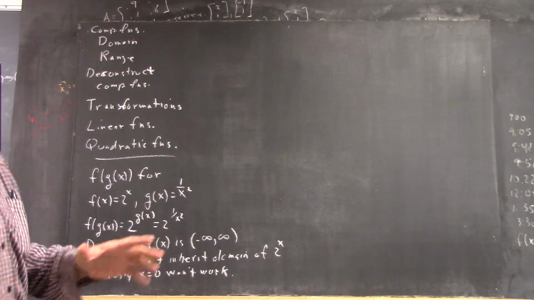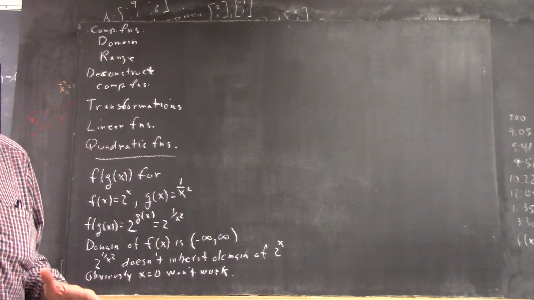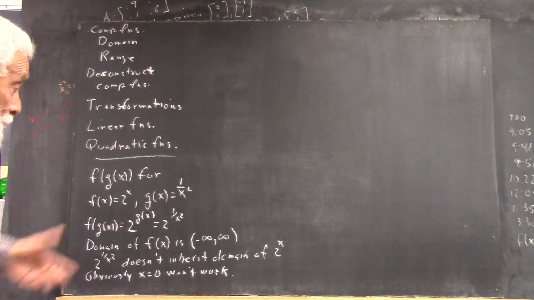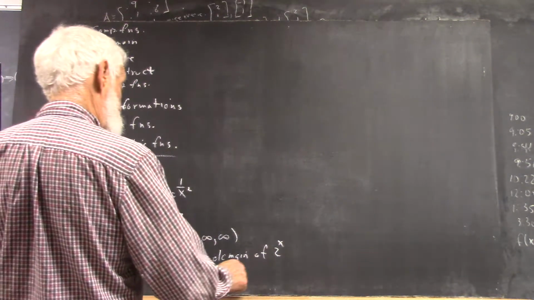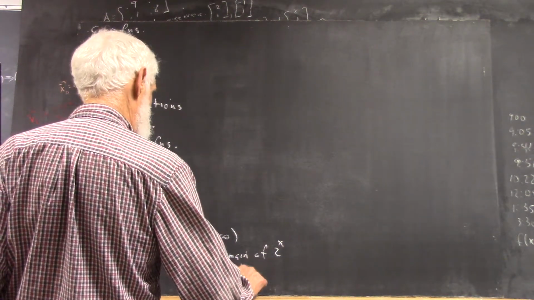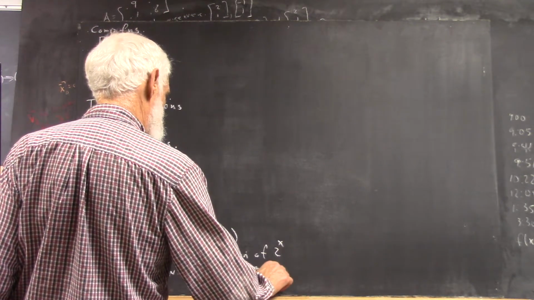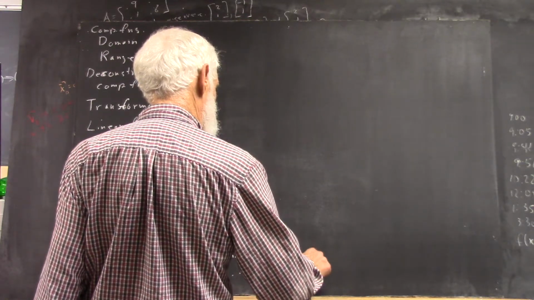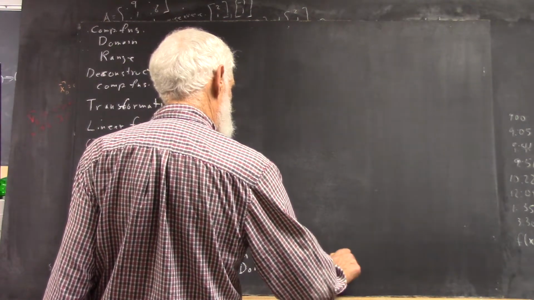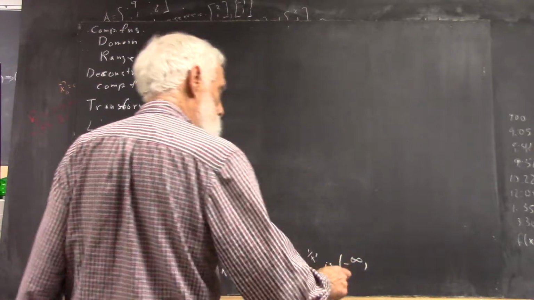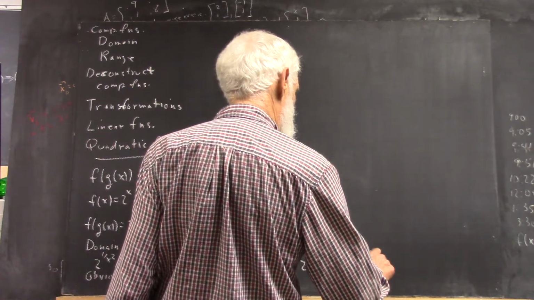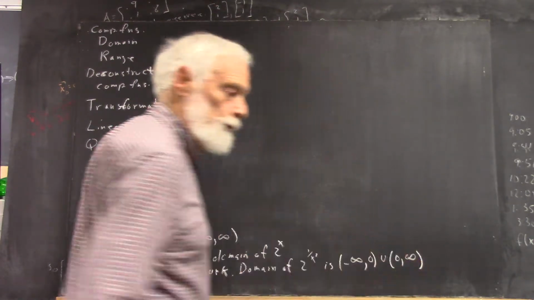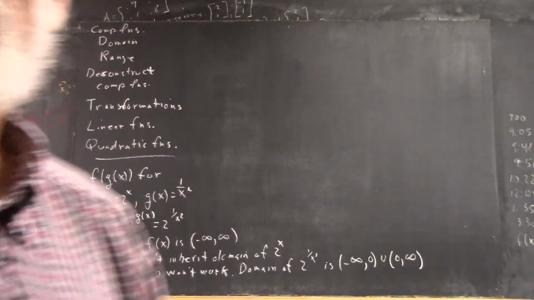Not ridiculous that you missed the fact, okay, because that's easy to miss, but once you see it, you understand that, yeah, it can't be done. Okay, so the domain would be negative infinity, 0, union 0, infinity. Okay?